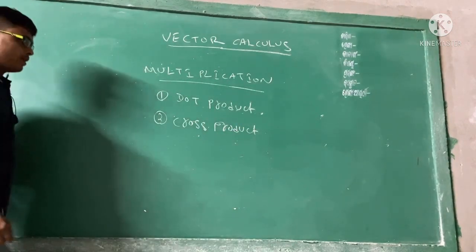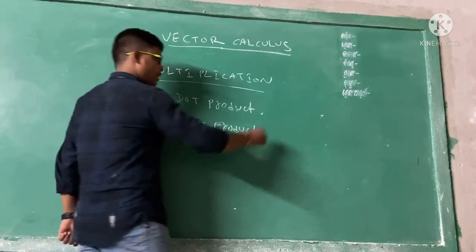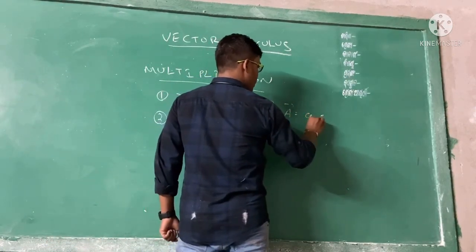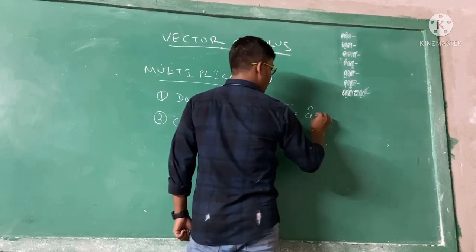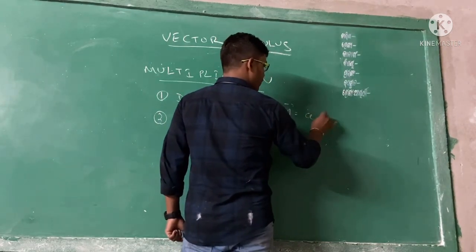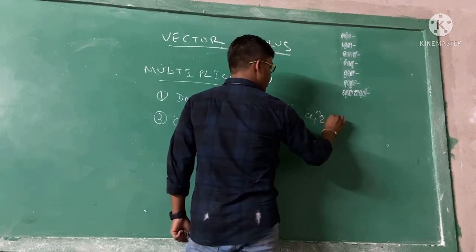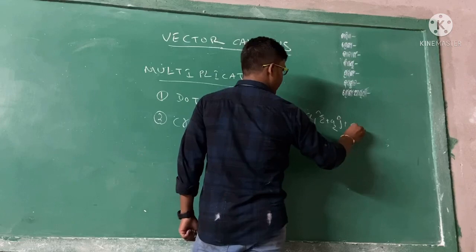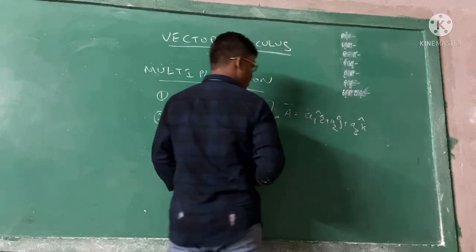These are two products. The dot product is represented by a simple dot and the cross product by a cross. Remember the two vectors, because for adding, subtracting or a product we need a minimum of two vectors.